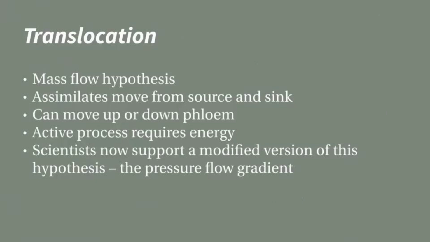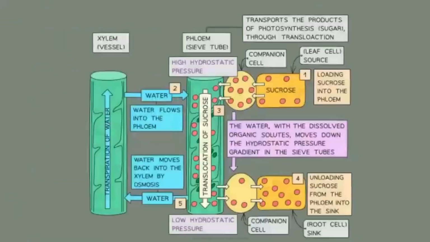We can now have a look at the more modified hypothesis, which is the hydrostatic pressure gradient. What happens is that sucrose is loaded into the phloem at the source, and I'm going to talk about that a bit more in a minute. Companion cells next to the phloem load sucrose or any other assimilate into the phloem. Then water moves into the phloem from the xylem due to the lower water potential.